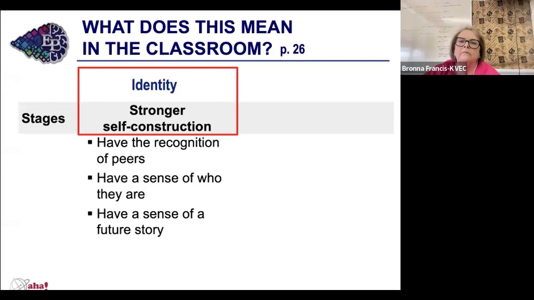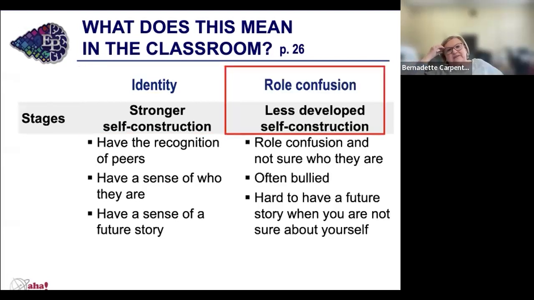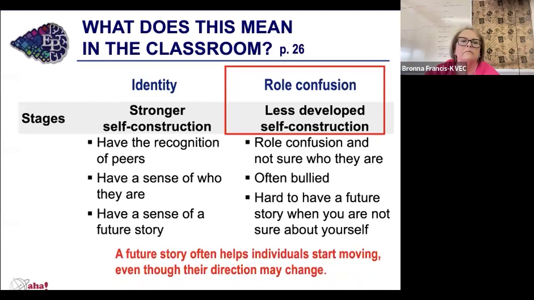So they pretty much have their inner self developed. But if they have role confusion and are not sure who they are, they're often bullied. It's hard to have a future story when you're not sure about yourself. I can specifically think of when I was in school.